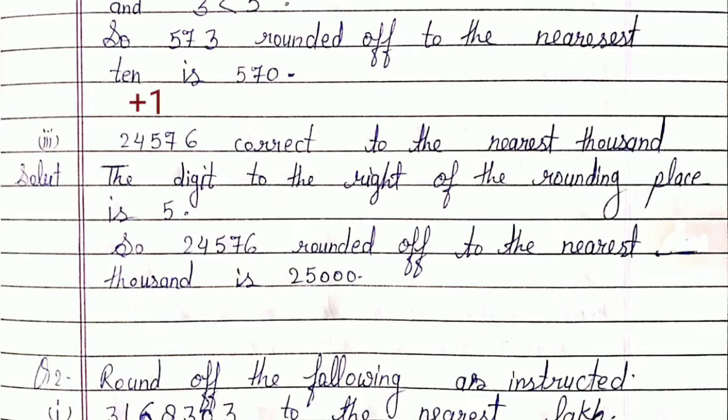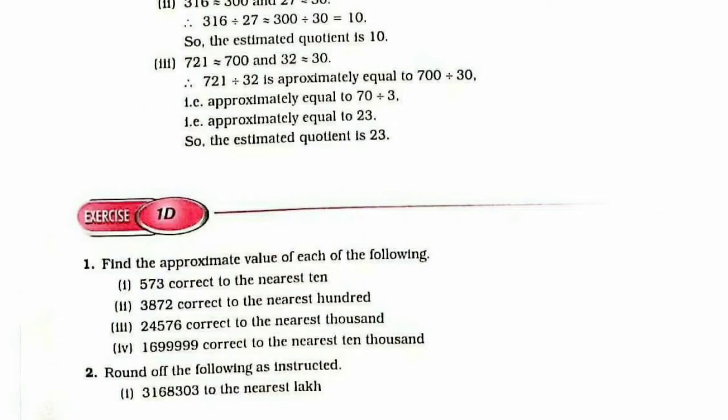So here we will add 1 in the rounding place, which is 4. Hence 24,576 rounded off to the nearest 1000 is 25,000. Now all the remaining parts you will try on your own.